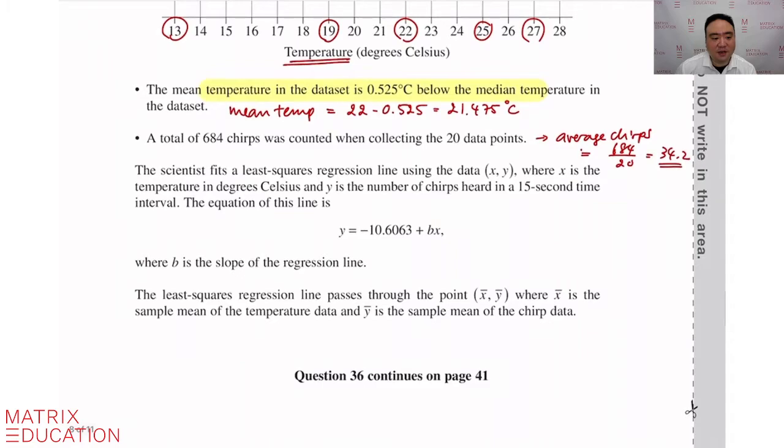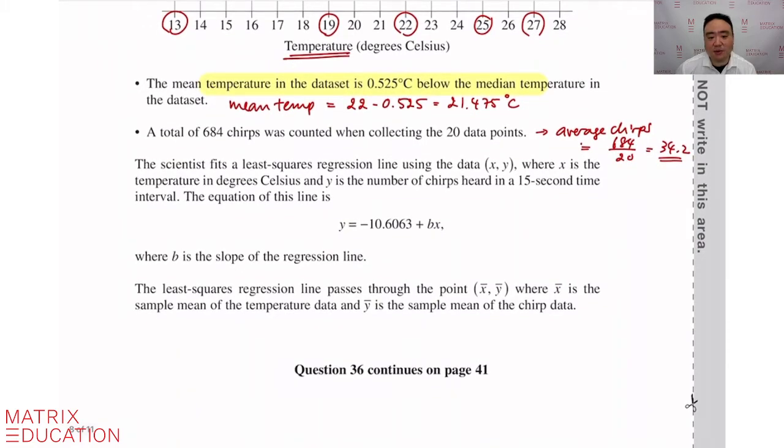The scientist fits a least squares regression line using data x, y, where x is the temperature in degrees Celsius and y is the number of chirps heard in a 15-second time interval. So here we see that x represents the temperature and y represents the number of chirps. The equation of the line is given to you as well.